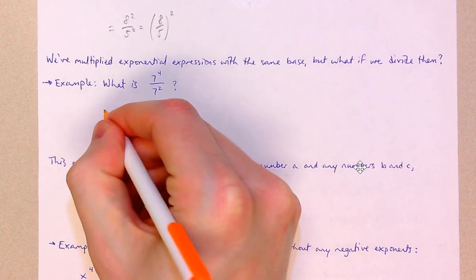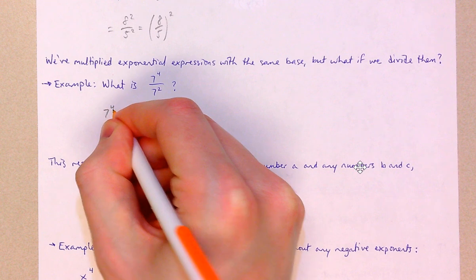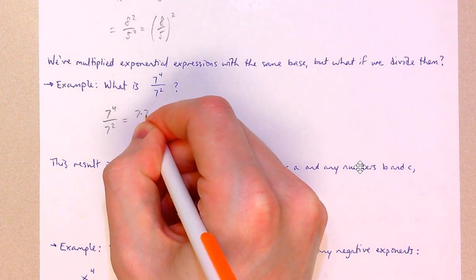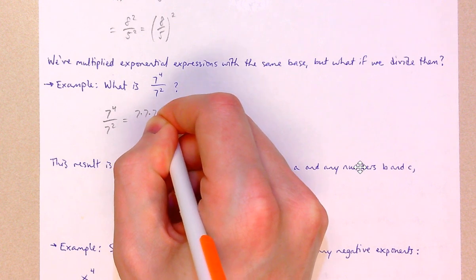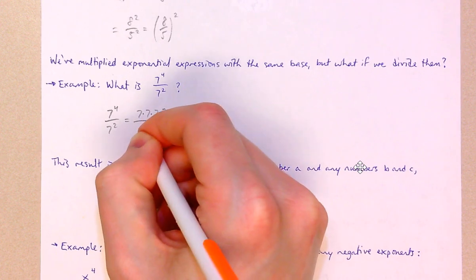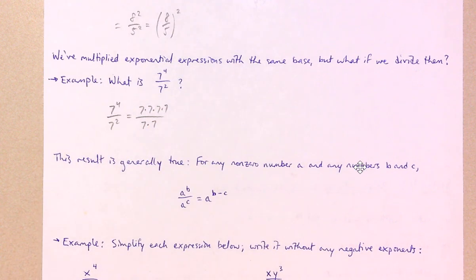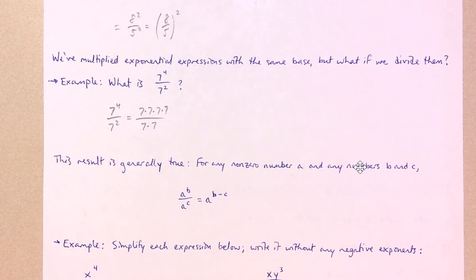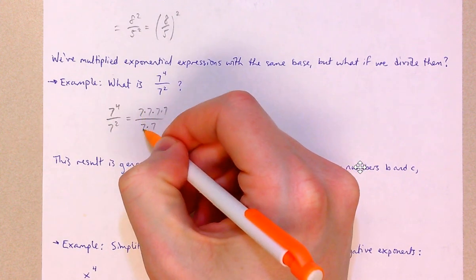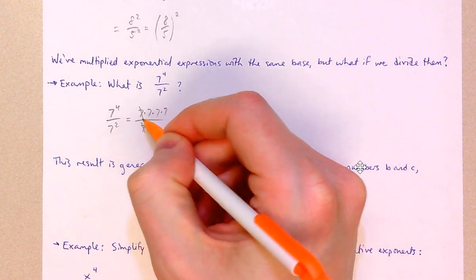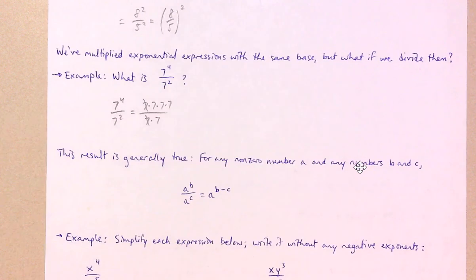Well, again, we're just going to use the basic definition of an exponential expression. 7 to the power of 4 is 7 times 7 times 7 times 7. And 7 to the power of 2 is 7 times 7. Here I see a factor of 7 on top and a factor of 7 on the bottom. These will divide out to 1.